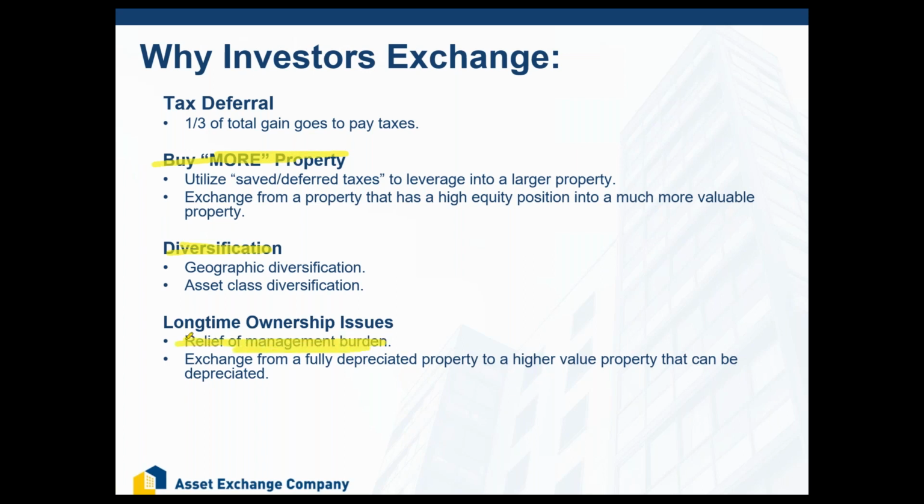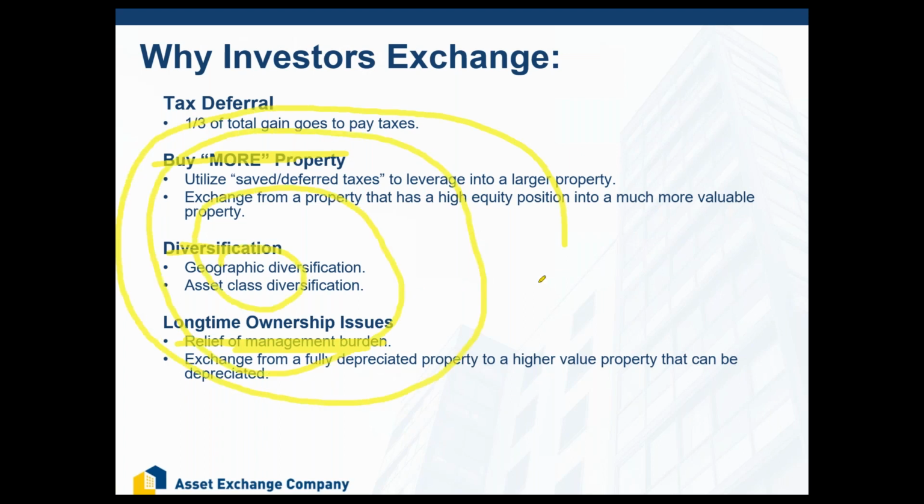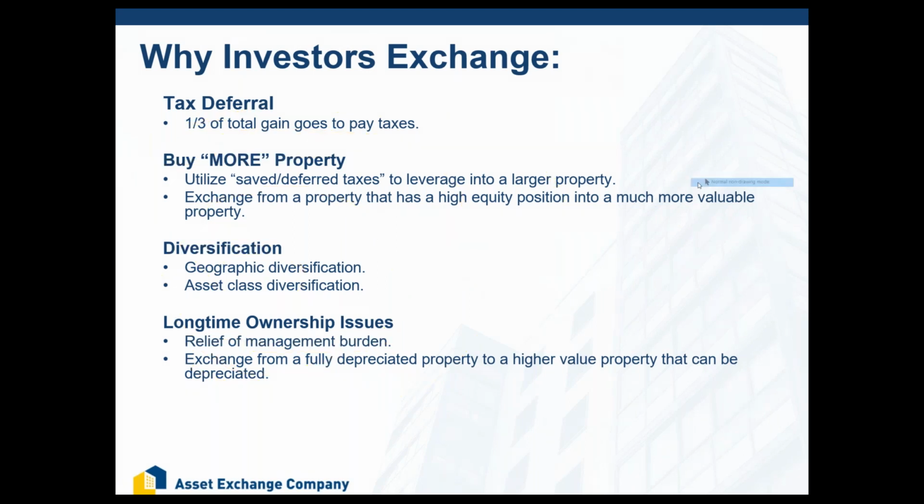There's a lot of realtors sitting around watching Netflix and eating ice cream right now. If you are a realtor who thinks about your clients and how they might benefit from an exchange, when this whole thing is over, you're going to do a whole lot more deals than everybody else. These are reasons why your clients will do an exchange with you. They will list and sell and buy replacement property because of these reasons.